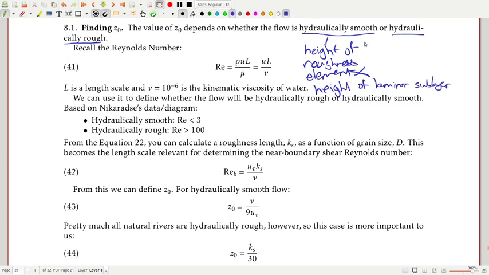And then in corollary, hydraulically rough means that this is greater than the height or thickness of the laminar sublayer.